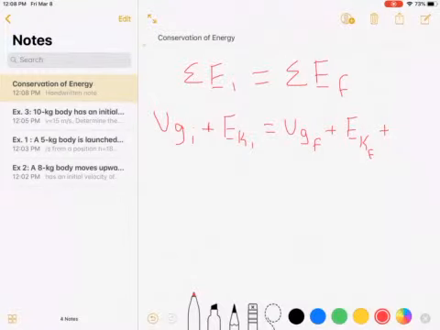And we're going to represent thermal energy using the capital letter H.